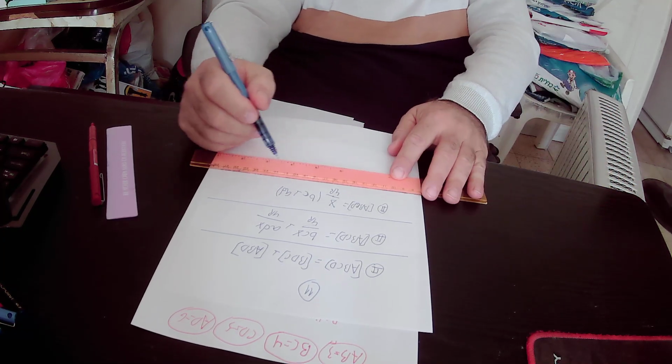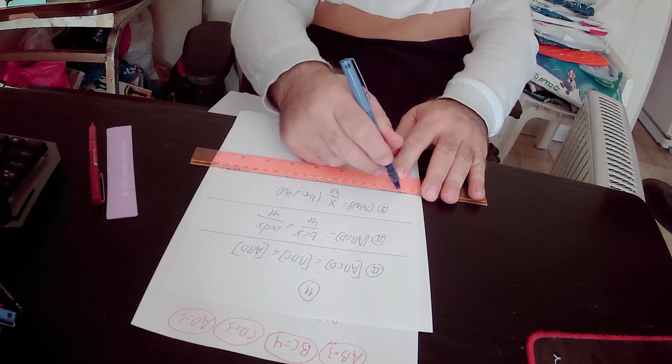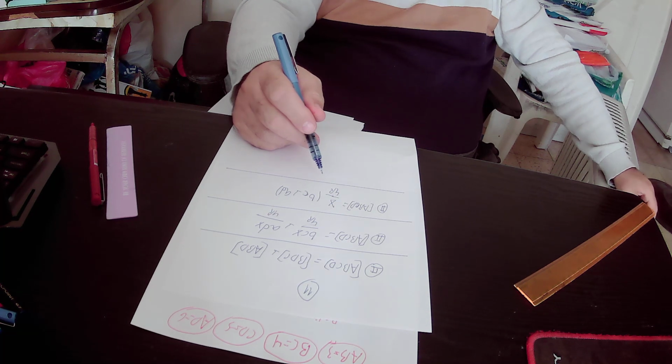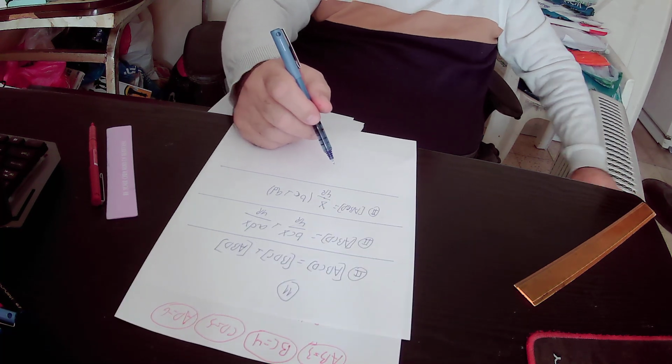So according to equation number 2, the area of quadrilateral ABCD equals x over 4r times BC plus AD.